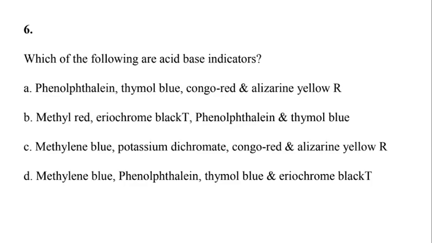Phenolphthalein is very common, and we have taken the example of phenolphthalein many times, so you are sure about that. But there are some other examples like thymol blue, Congo red is also used, and alizarin yellow is also used for acid base.